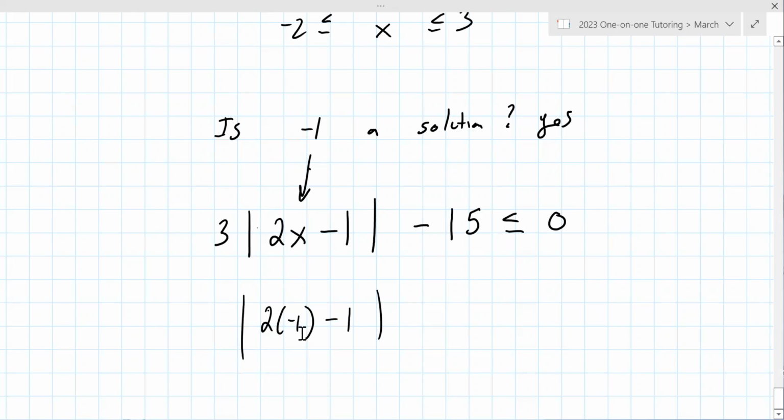It's 2 times -1, and that becomes -2. Then -15 on the sides or what?